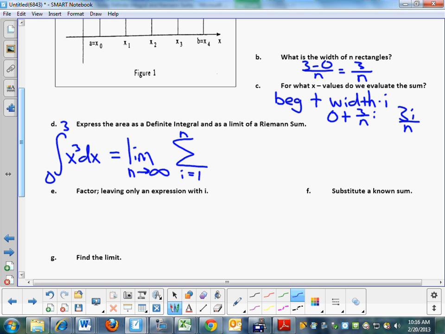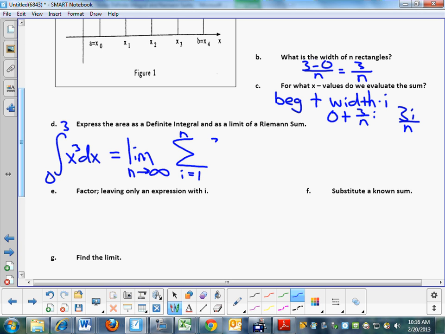what? That's my first rectangle. So we're going to do the height of the first rectangle, then the second, then the third, then the fourth, and that's all the way up to infinity. I plug in the spot where I'm evaluating it into my function. It says f of x sub i, right?